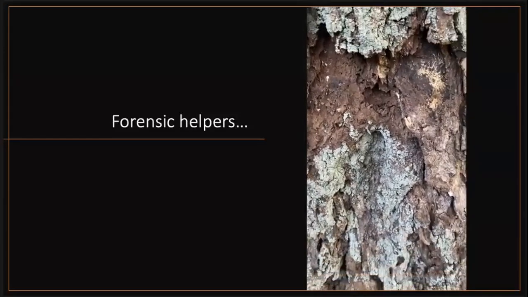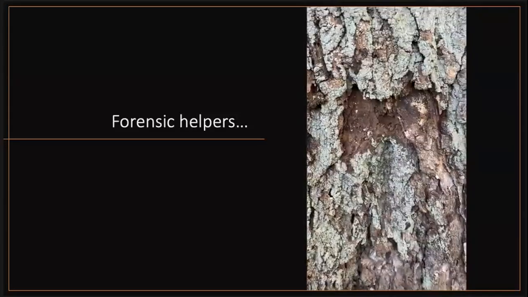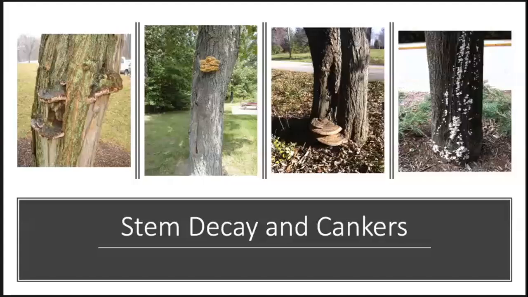So anytime you see those, that means you've got something going on in the tree. We won't spend a lot of time on the different types of decay organisms, such as you see on the left there, Ganoderma, Laetiporus, or chicken of the woods, and Ganoderma, Inonotus, Trametes versicolor is another one.